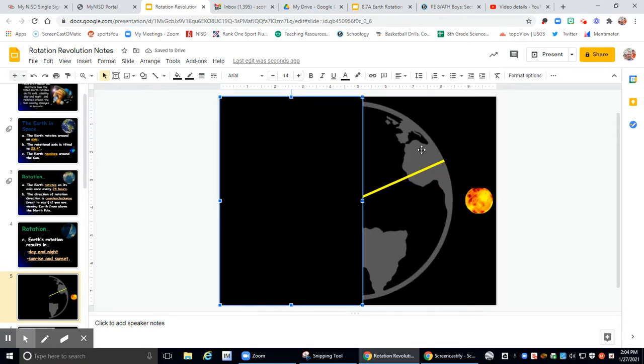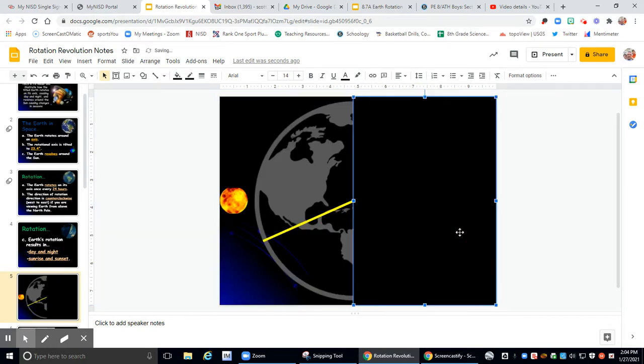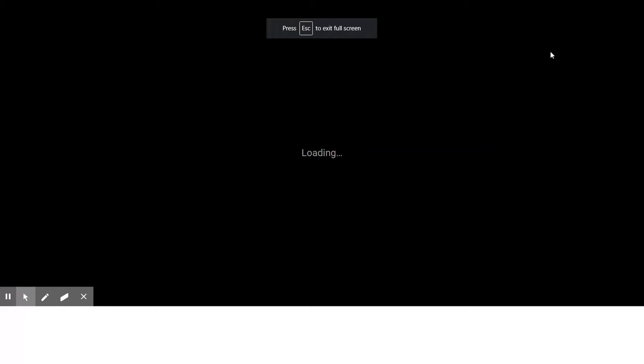The days in the northern hemisphere are shorter than the days in the southern hemisphere. So we have to understand that the position of the Earth relative to the sun affects our length of day, and it also affects our seasons. We'll get to that a little bit more later on.